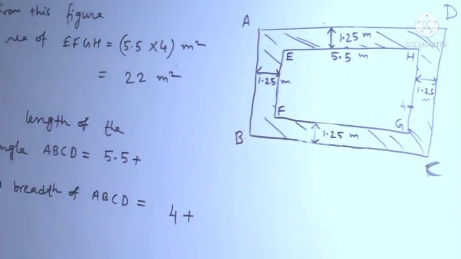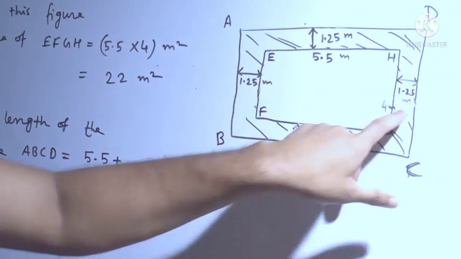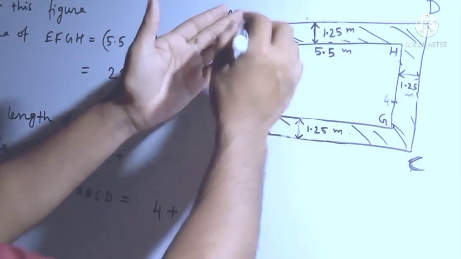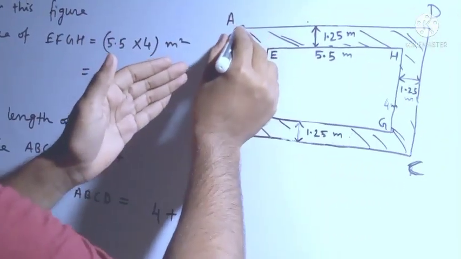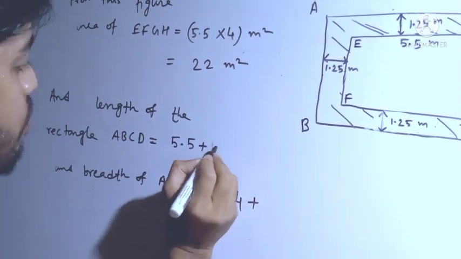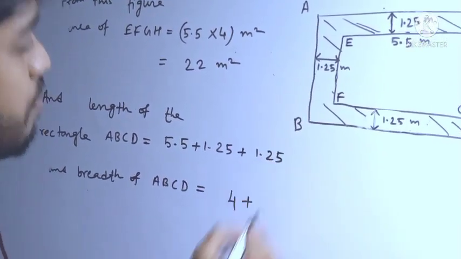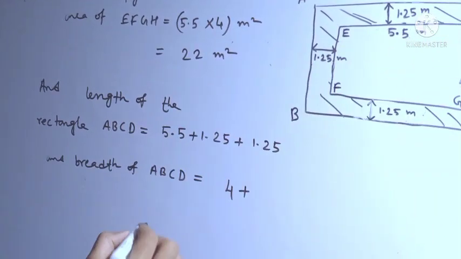So we have to add this 1.25 two times, because here one time and here one time, two times, to get the total length. That means the length of AD, okay. So 5.5 plus 1.25 plus 1.25, okay, two times.